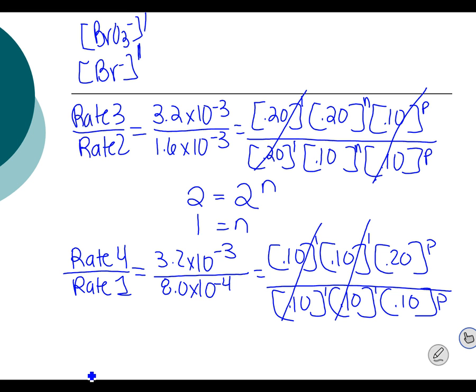And 20 divided by 10 again, that's 2. And 2 raised to what power gives me 4? Well, if I square 2, I get 4. So the order this time is second order. So my hydrogen is second order.